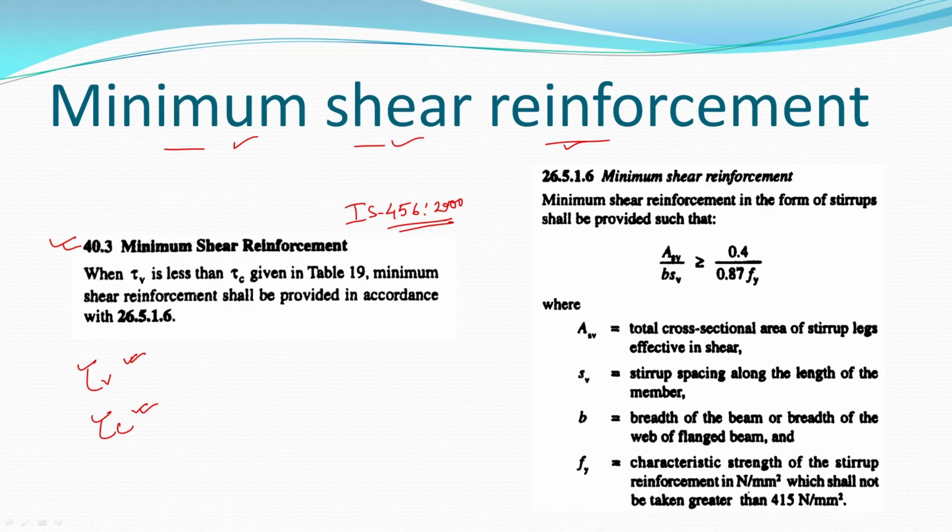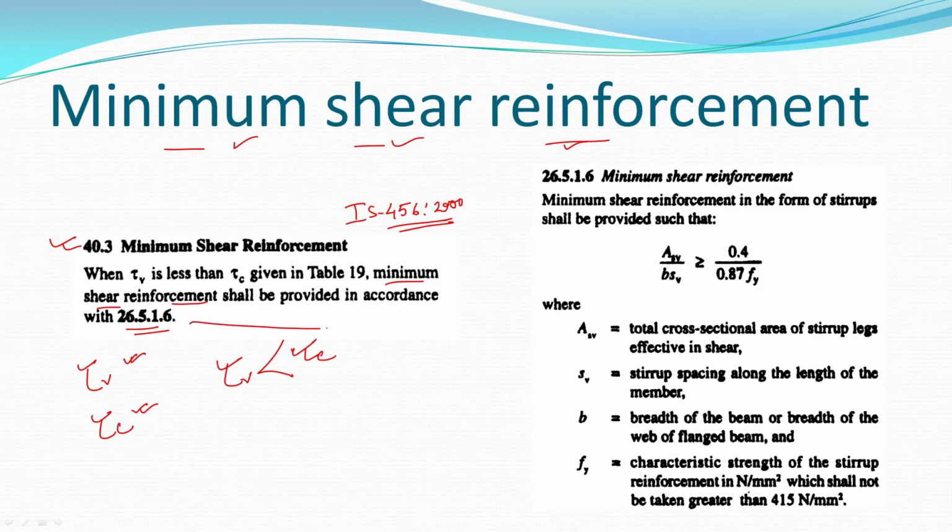So we just need to check whether this condition is satisfied or not, that means when tau v is less than tau c. In such cases we need to provide the minimum shear reinforcement. And what will be the value of this minimum shear reinforcement? That will be according to clause 26.5.1.6.